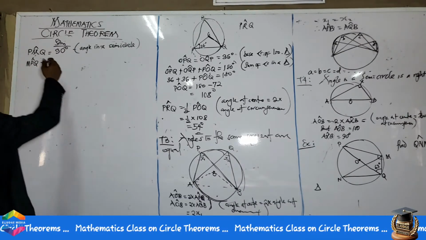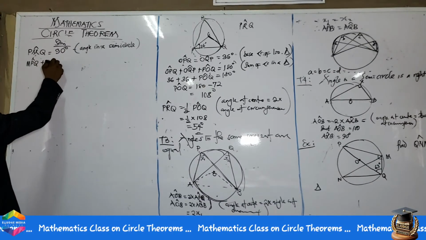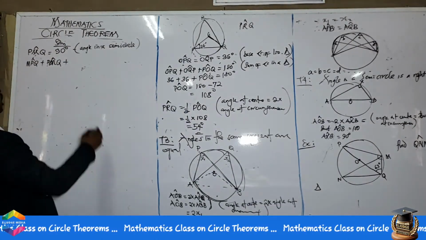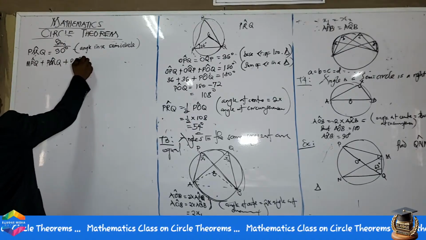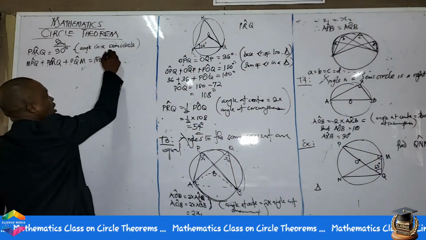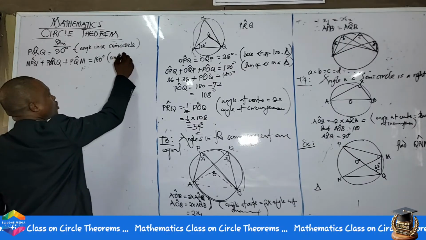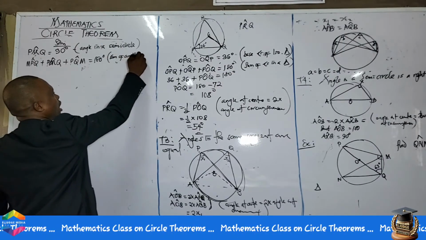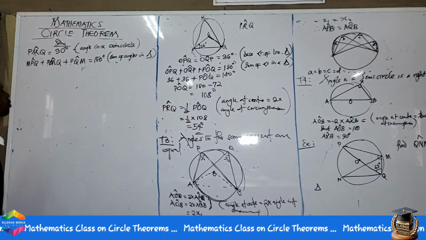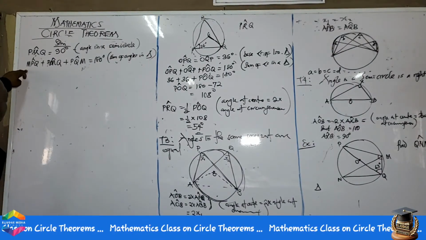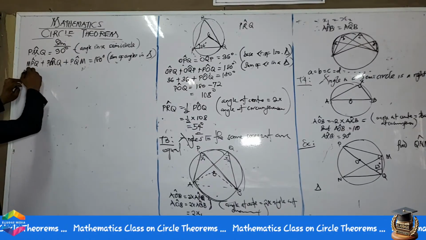So let's say MPQ plus PMQ plus PQN equals 180 degrees, and this is sum of angles in a triangle. MPQ is what we're looking for.